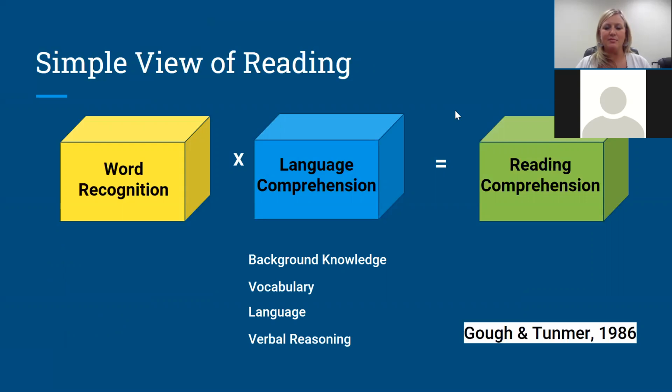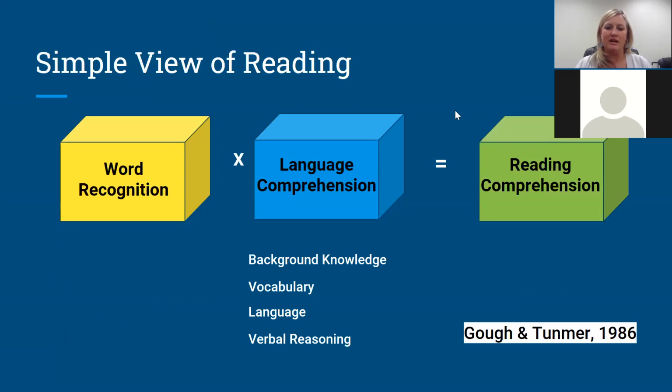Next, their second box is language comprehension. And underneath that category comes the understanding of their background knowledge, and what vocabulary base do these students have? What is their understanding of our language and their verbal reasoning? And notice in their simple view of reading, in between those two boxes, they use a multiplication symbol.